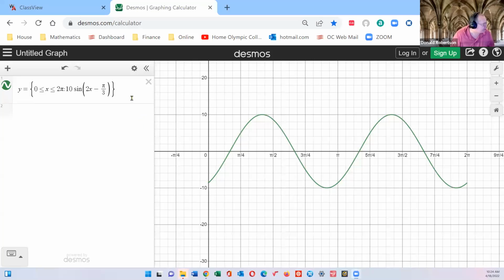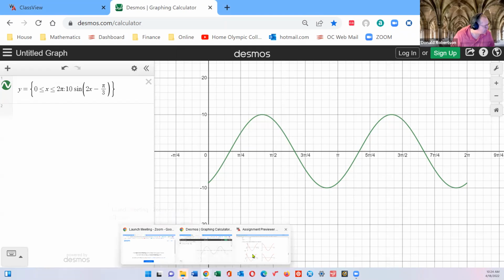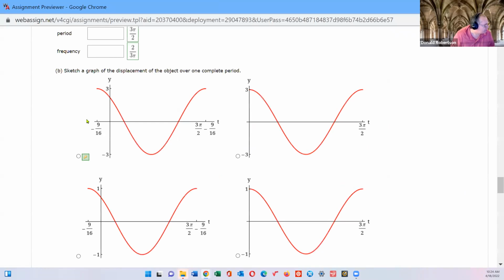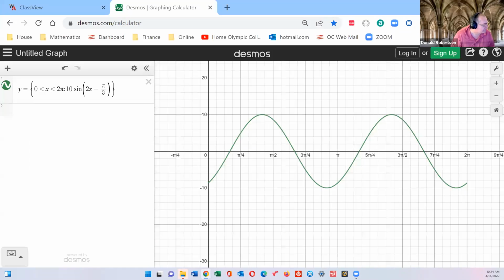Here we go. Try it again. There we go, found it. Right, so one of these pictures is using a scale of, well, let's do this one, 0 to 3/2 pi.